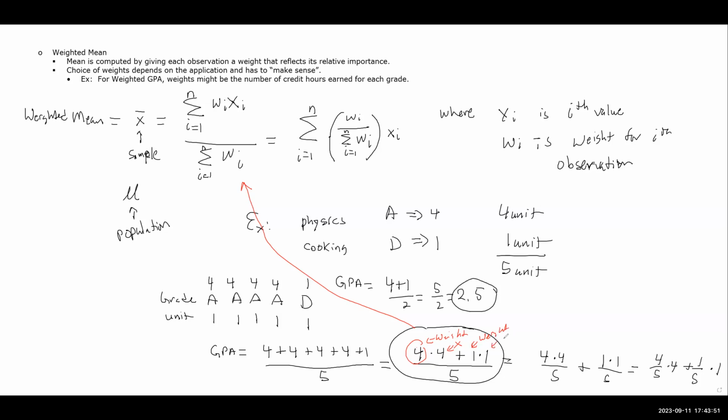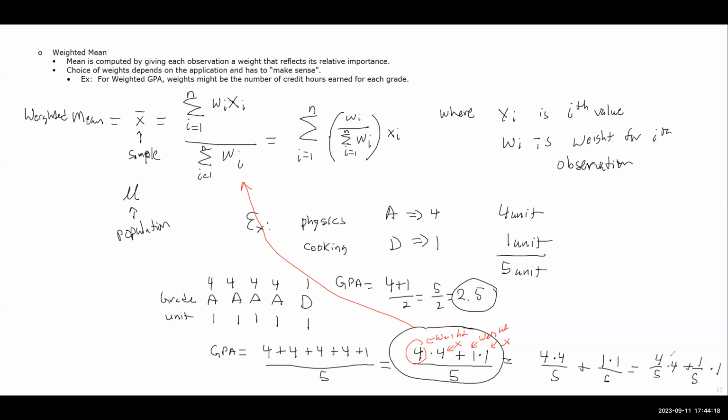And this is X. The weight of 4, because we had 4 units, times the grade, an A of 4, plus, okay? 1 is the weight times the grade of 1, divided by the sum of all the weights, which is 4 plus 1, which is 5.